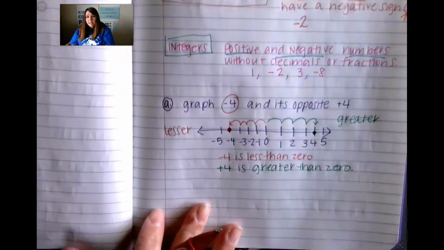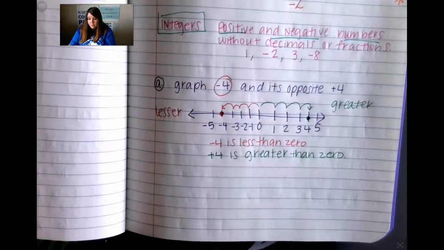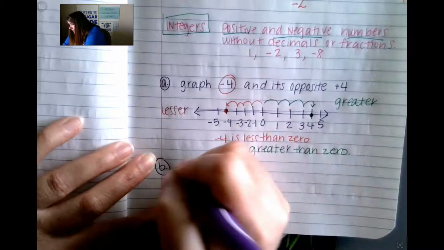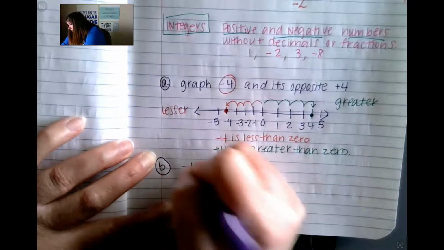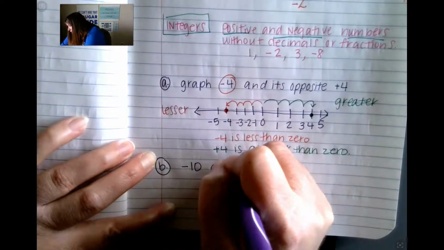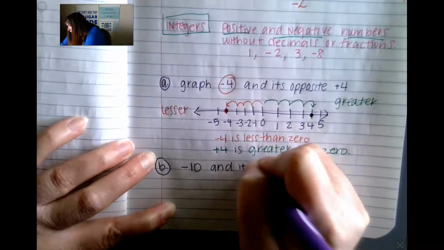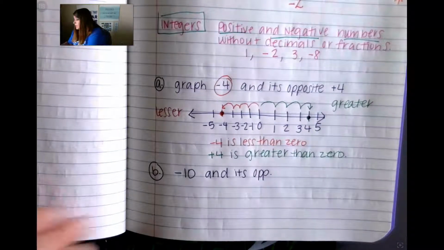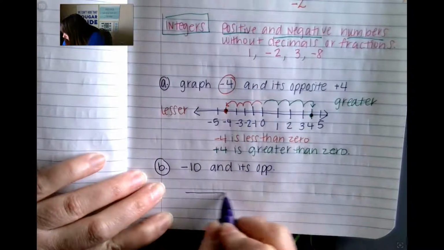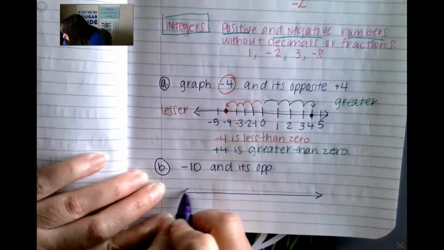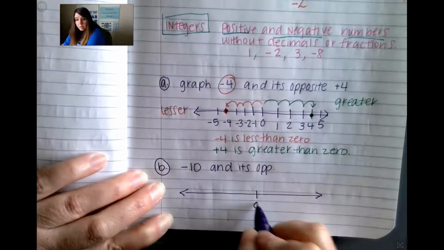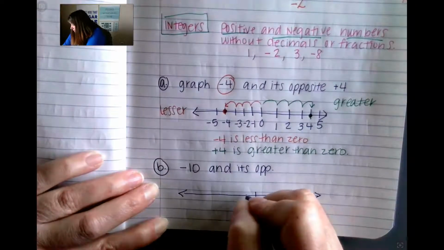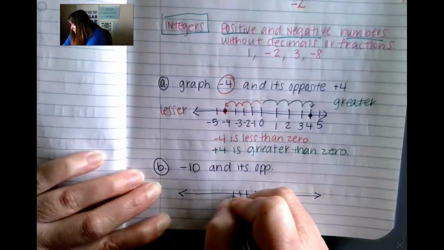Okay, so let's do another graph. Let's do another graphing of a number. Let's say I need to graph negative 10 and its opposite. Okay, so we're going to first graph negative 10. We're going to draw our number line. Again, 0's in the middle. And to get to negative 10, we're going to do 10 jumps, but we need lines. 3, 4, 5.